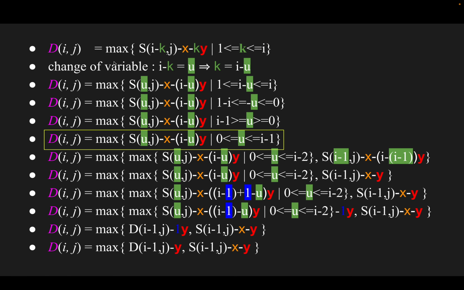We can use a simple change of variables, which maybe you learned in freshman calculus, changing i minus k to u. After a series of deductions, we get the form D_ij equals the maximum of D_{i-1,j} minus y, and so on. You can see the formula here. I will not go through every detail for time concerns.